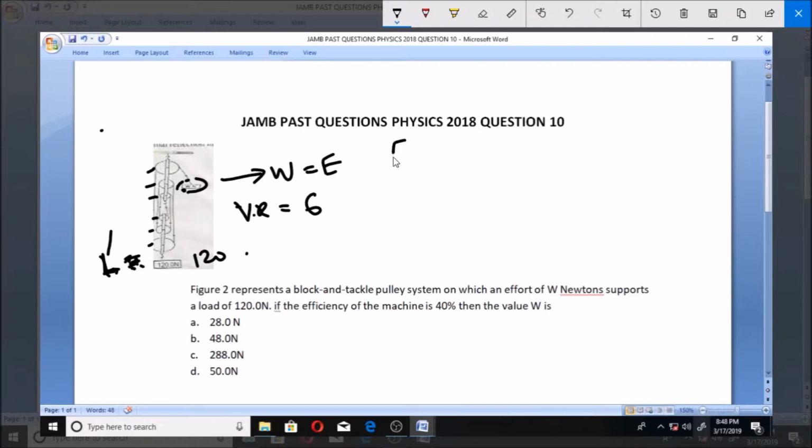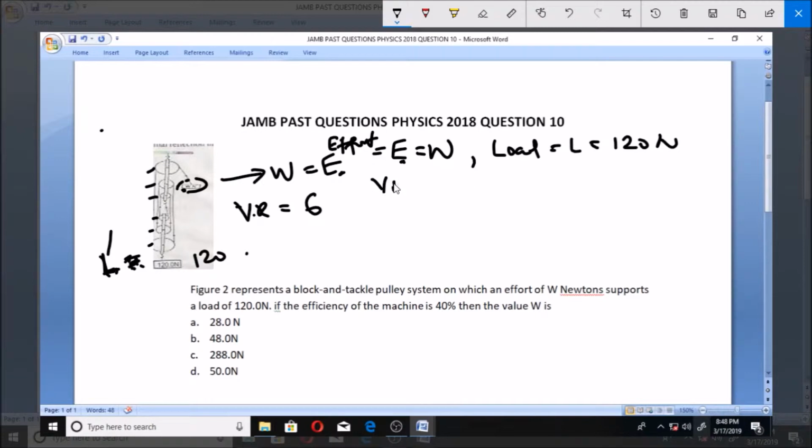From what is given, E is equal to W, which is the effort, and that is what we are told to calculate. We have L, which is load, equal to 120 newtons. This is basic in calculations.